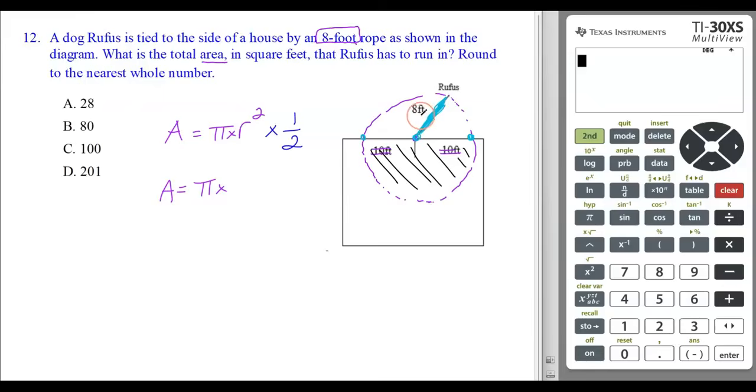So in this case, it's just the length of the rope. So I'll replace the radius here with 8. I'll bring down my square sign, and then I'll multiply this by 1/2.